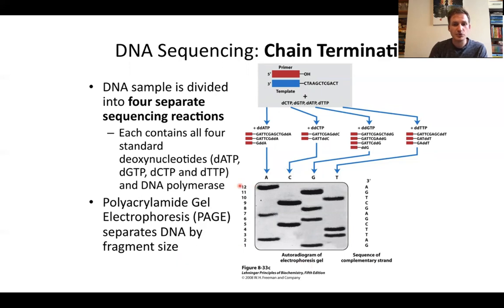So for example, here is a very simple gel wherein we ran 4 different PCR reactions. In one reaction, we included all the nucleotides for PCR, but we added what we call ddATP.